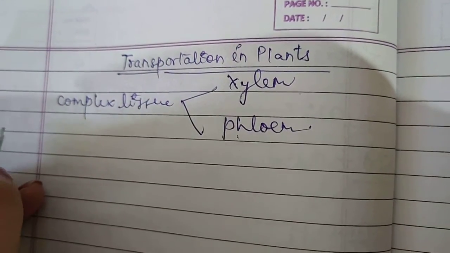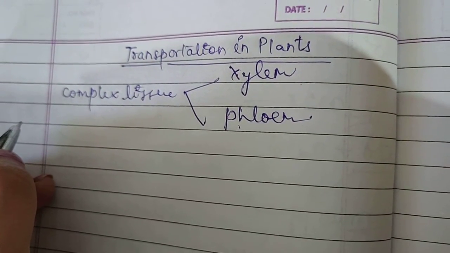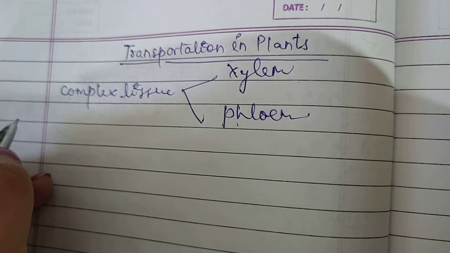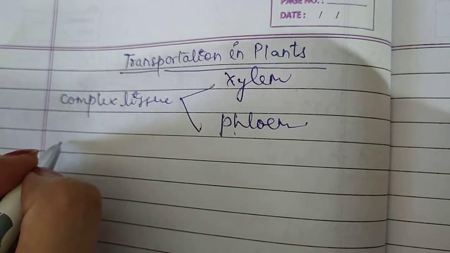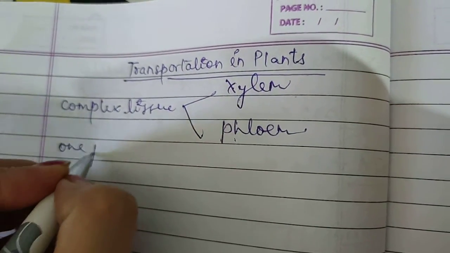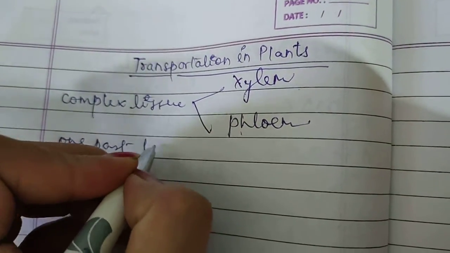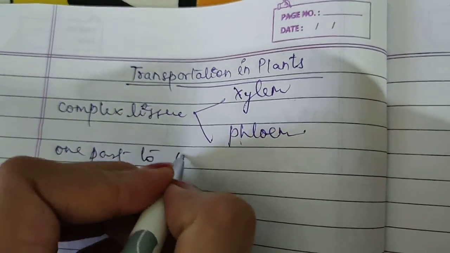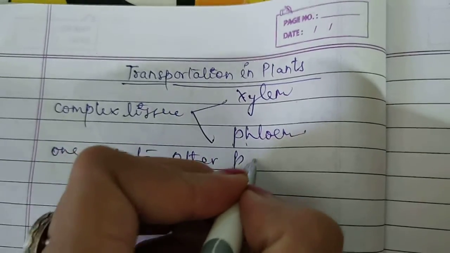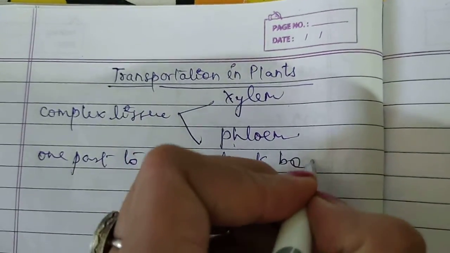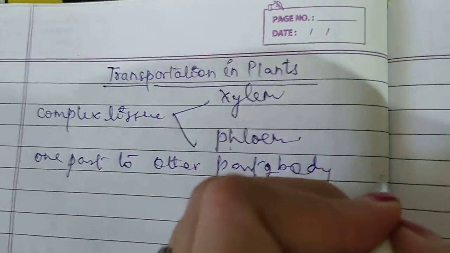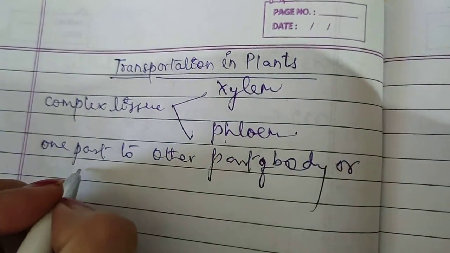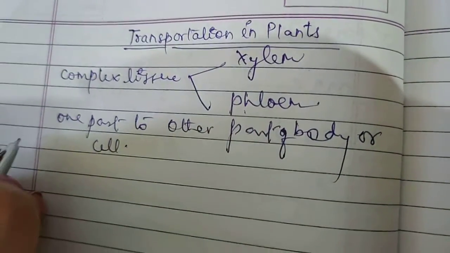As we know, both plants and animals have a transport system to transport materials from one part to another part of the body, or cell, you can say.